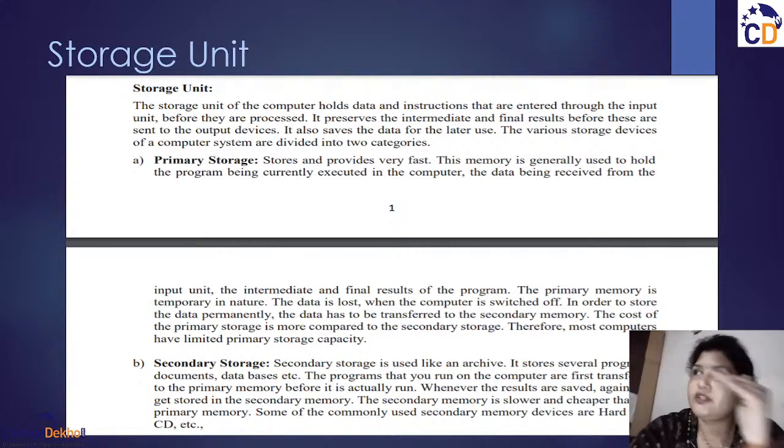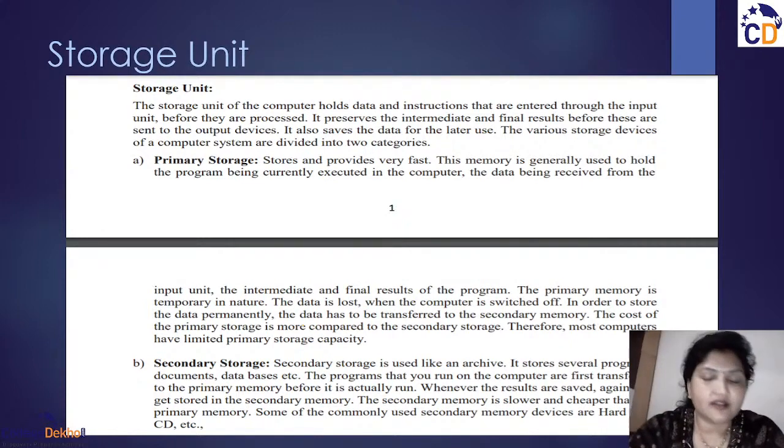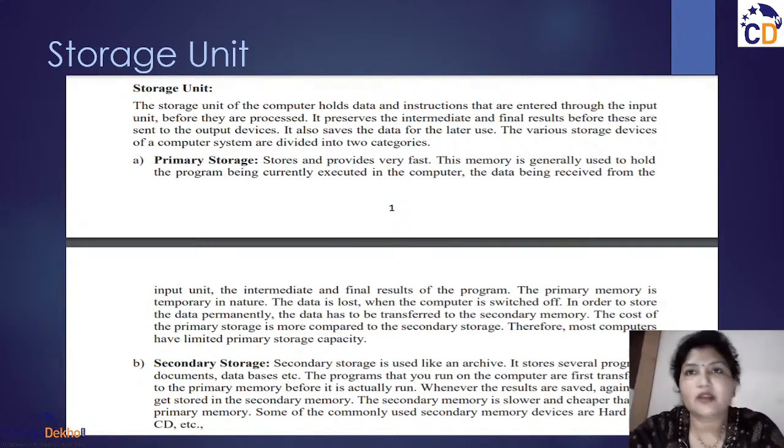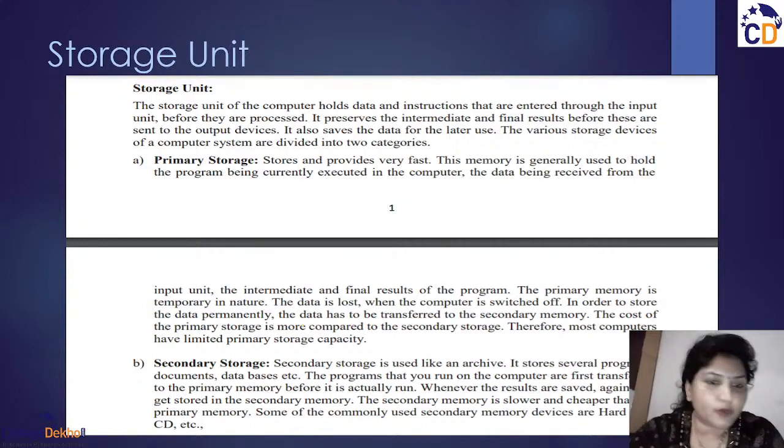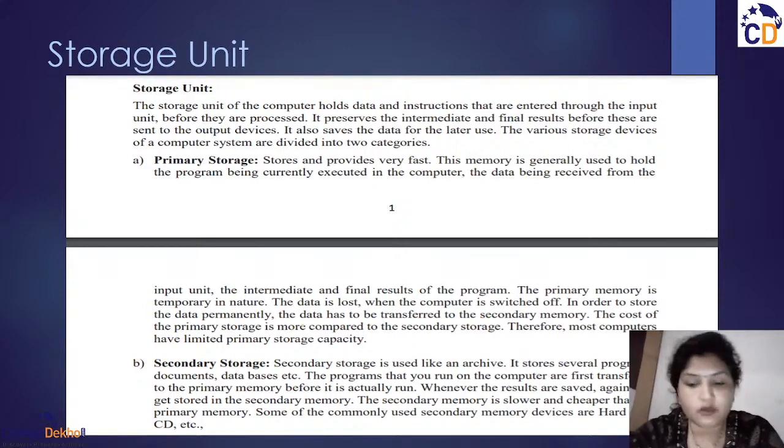So it is not directly given to the output devices. First you search it. Suppose I am searching for some PDF or some PPTs on my system. I am giving some instruction by typing something through my keyboard. So my input unit will be my keyboard, and then it is given to the computer for processing.